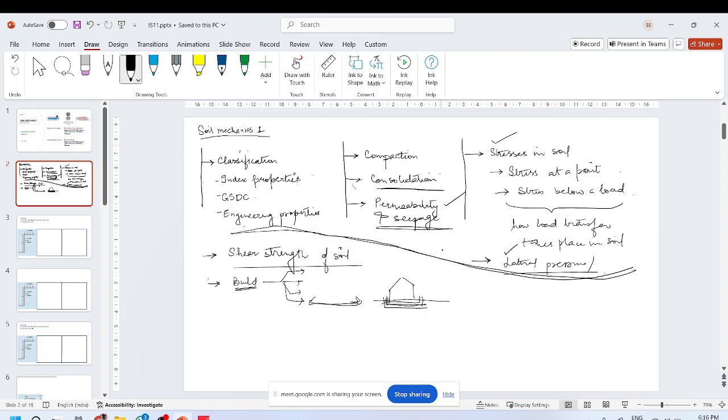All the other topics of soil, the nutrition in soil, the nitrogen cycle, the agricultural part, that comes in soil science, that does not come in geotechnical engineering. In geotechnical engineering, we are concerned with building stuff over soil.